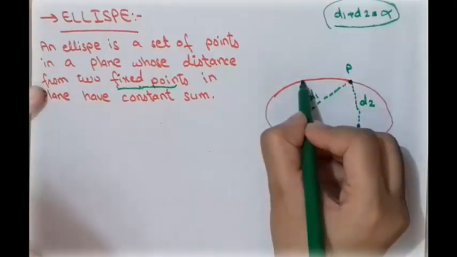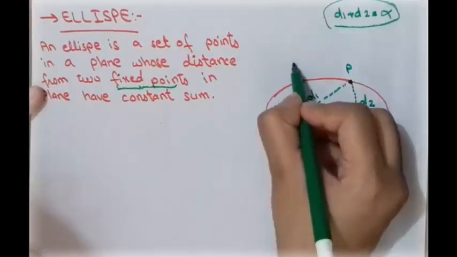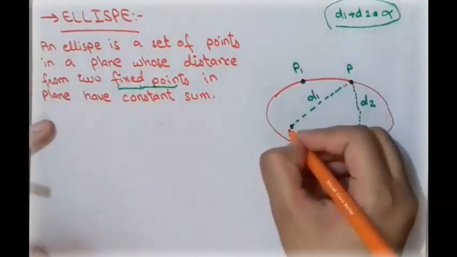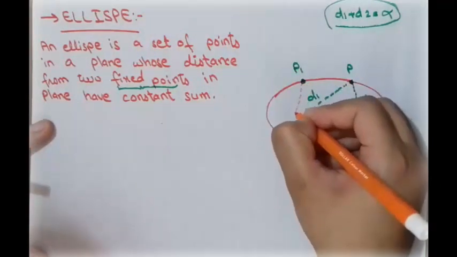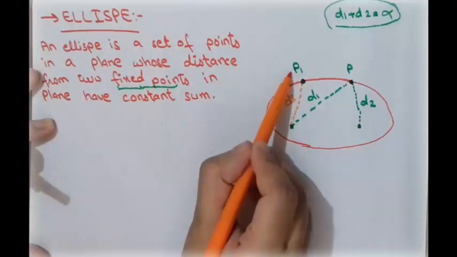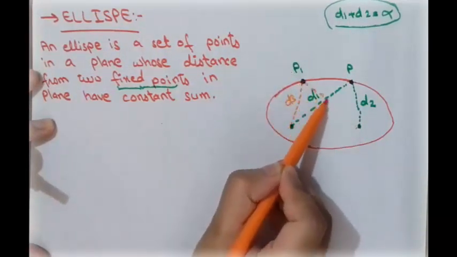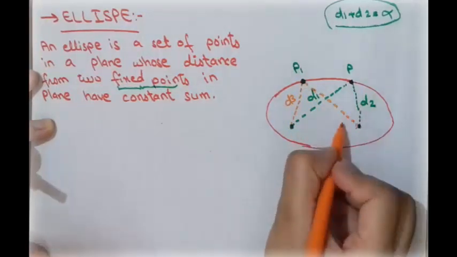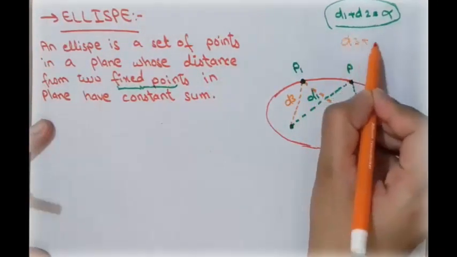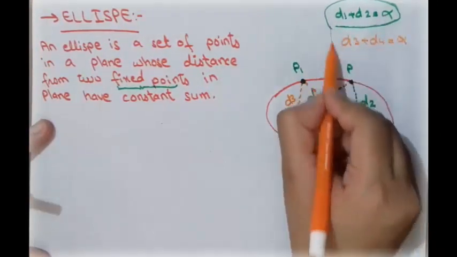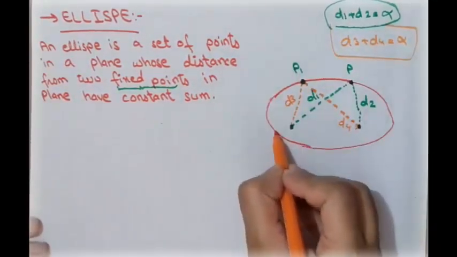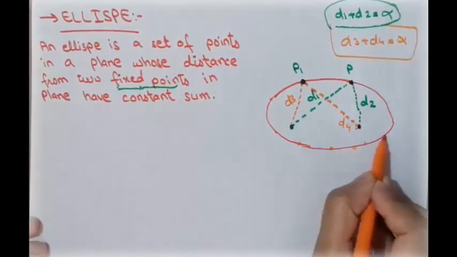If I take another point P1, and the distance from this point to this fixed point is, say, d3, and the distance from P1 to the other fixed point is d4, then by the definition d3 plus d4 equals alpha. The sum is always the same, and the ellipse is formed by many such points.